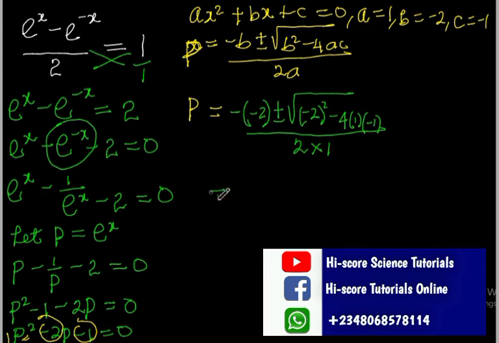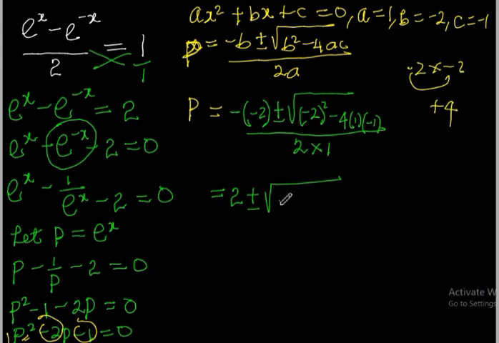Simplifying, we have that p equals minus 1 times minus 2 is 2, plus or minus. Simplifying this, we have minus 2 all squared is minus 2 times minus 2, which will automatically be plus 4.